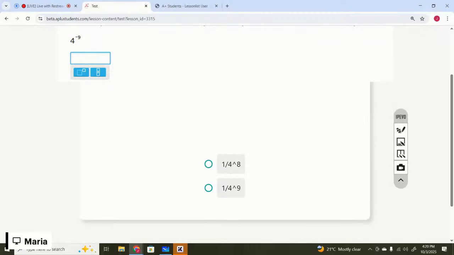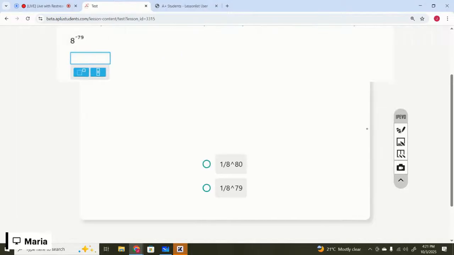4 exponent negative 9. So which is the correct option? That is 1 over 4 exponent 9.